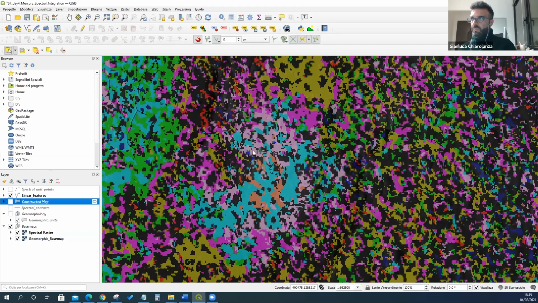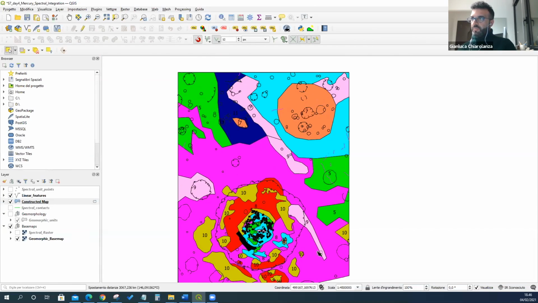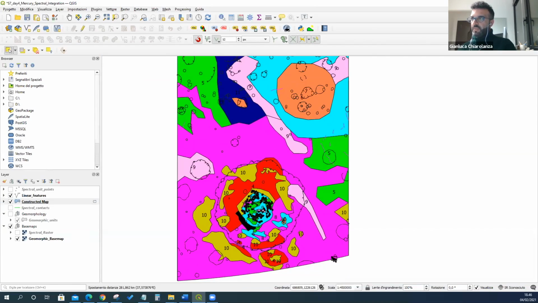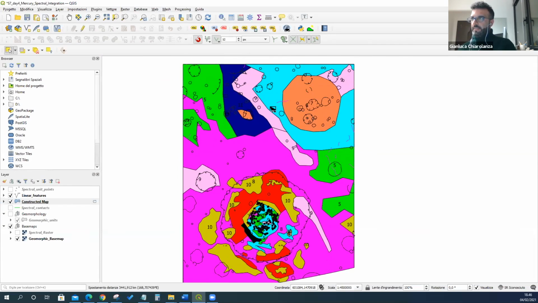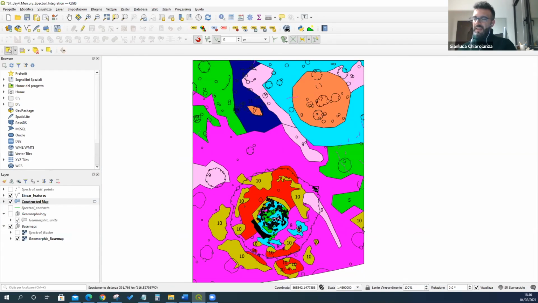And one last note worth mentioning is the presence of unit 9 spreading from south towards northwest, which corresponds to the ejecta ray, which we also saw in a previous lesson.